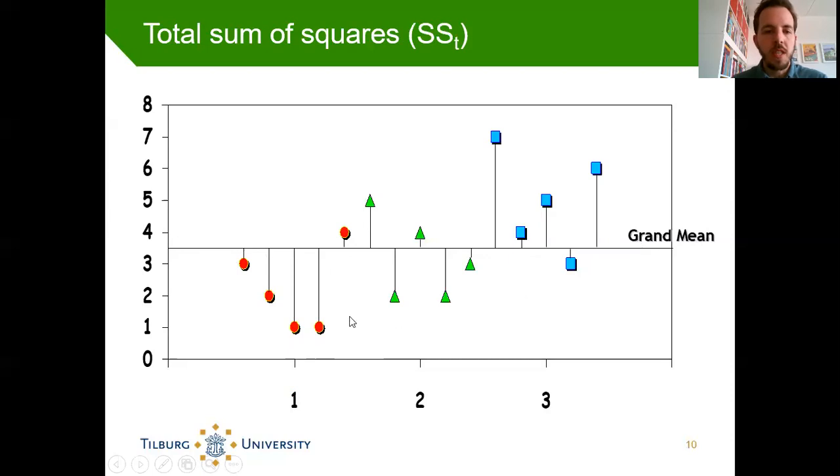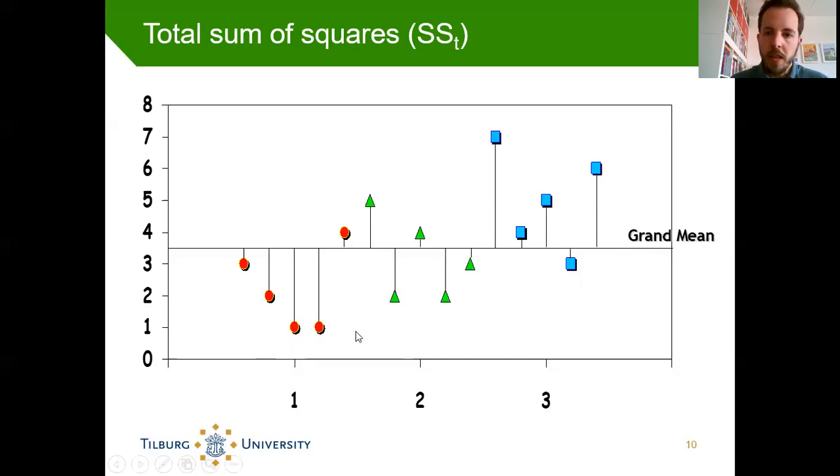And what you also see is that your different observations are all in different places compared to your grand mean. So there is some variation between each individual score and the mean.